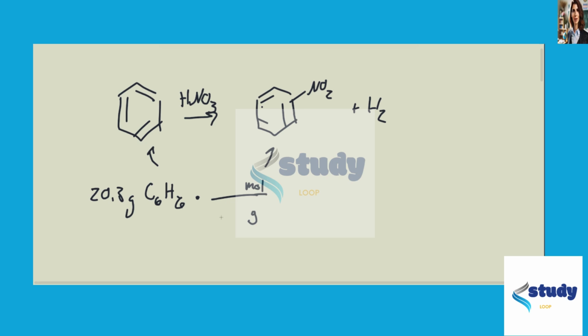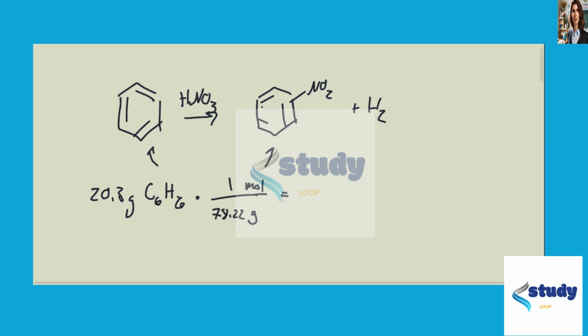How many grams are in a mole of benzene? That's what we need to know. And the answer is given by the atomic mass. The atomic mass tells us how many grams are in a mole of a given substance. So the formula mass for benzene is 78.22 grams per mole. Okay. So once we multiply that out, it's going to tell us moles of benzene that we started with.